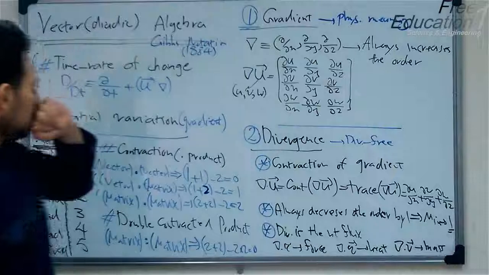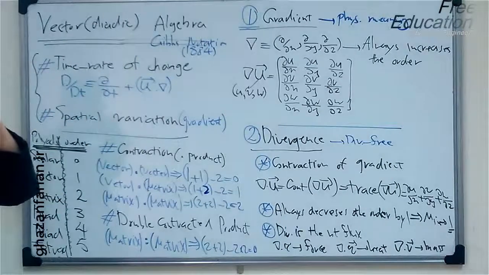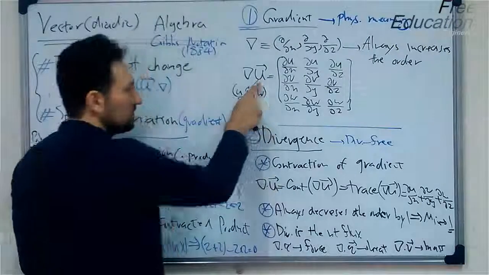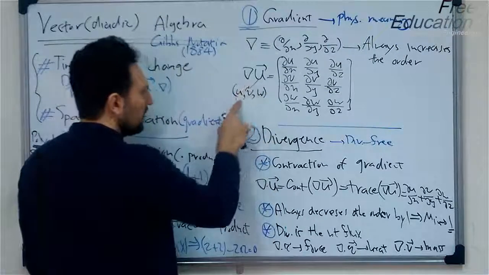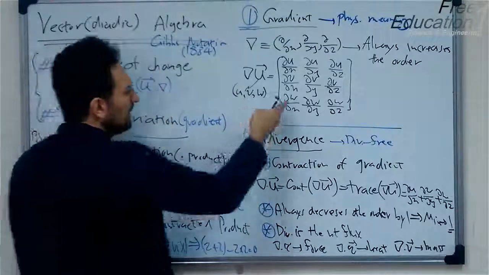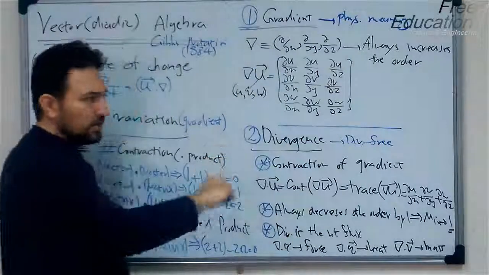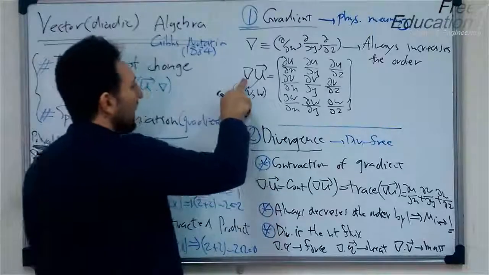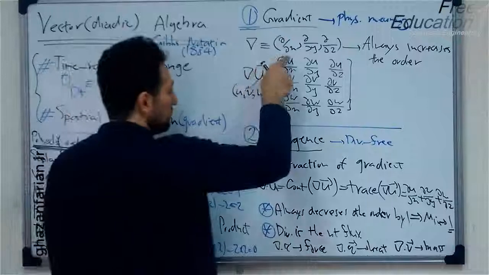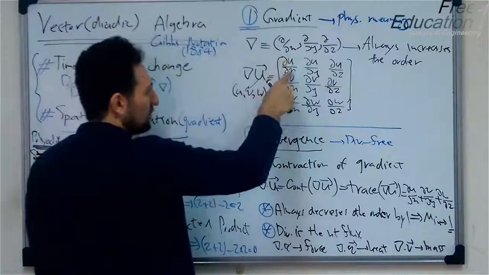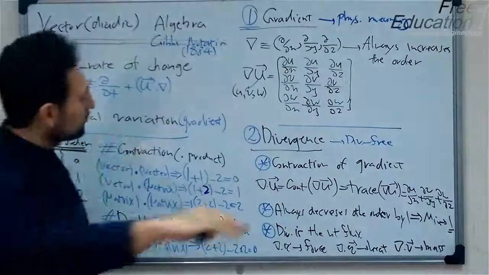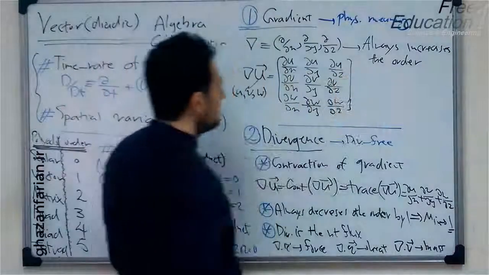For example, I have written here the gradient of velocity, or any other vector field. The components of that vector field are u, v, and w. As you see, the gradient is a matrix with 9 components. The gradient acts on each row. We have the partial derivatives of u with respect to 3 coordinates.